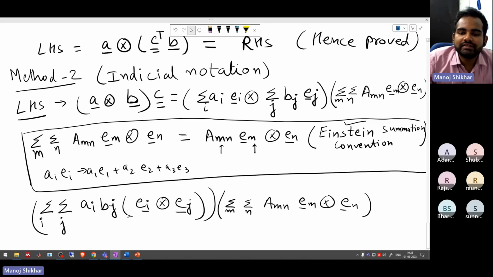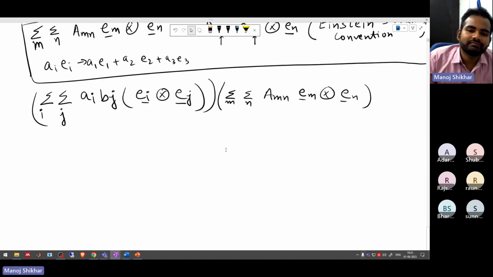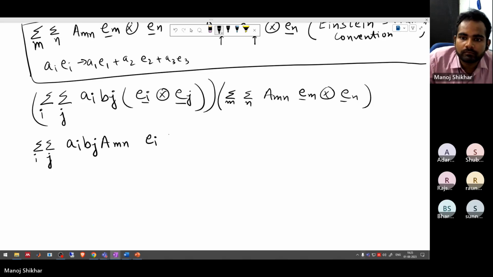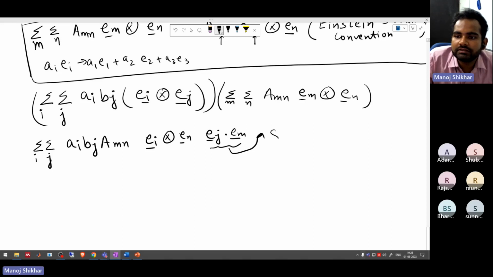You can see this is essentially the product of two matrices, but we can replace this by what? Delta JM.